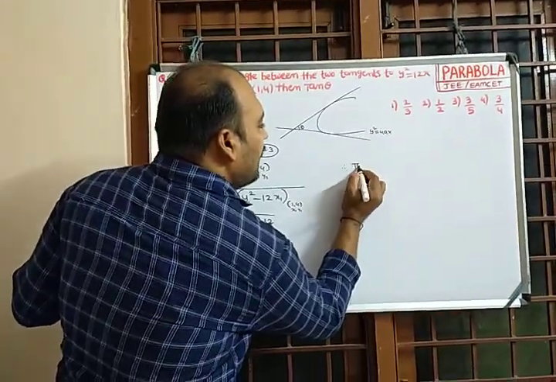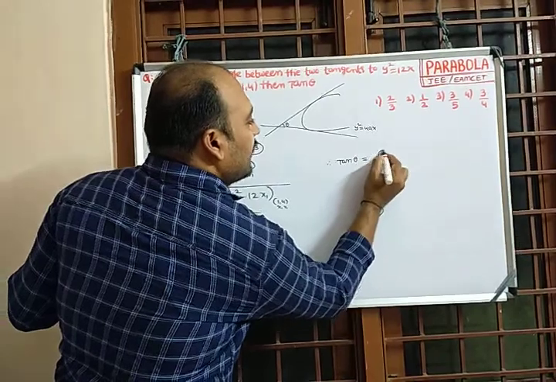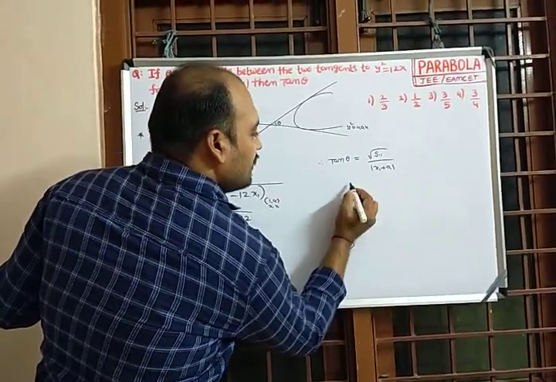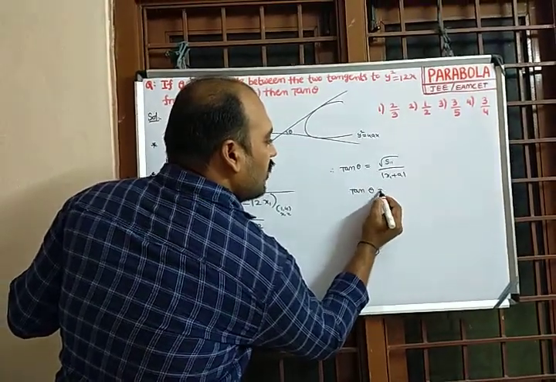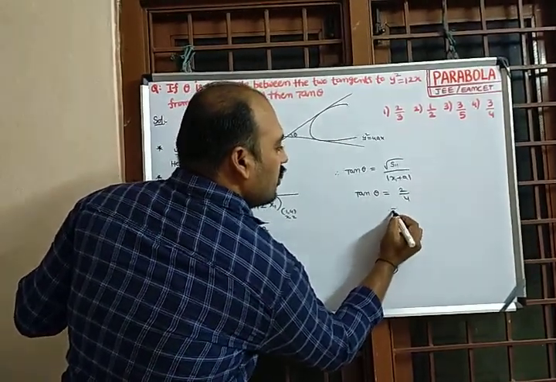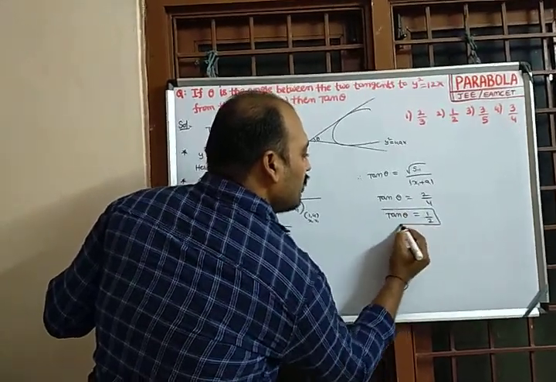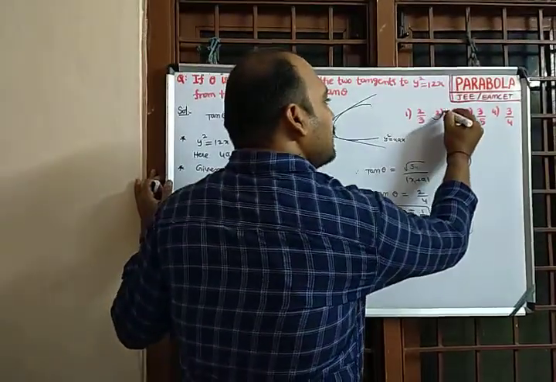Therefore, tan theta equal to root S11 divided by mod x1 plus a, which is 2 divided by 4, equal to 1 by 2. Therefore, tan theta equal to 1 by 2, which is there in the second option.